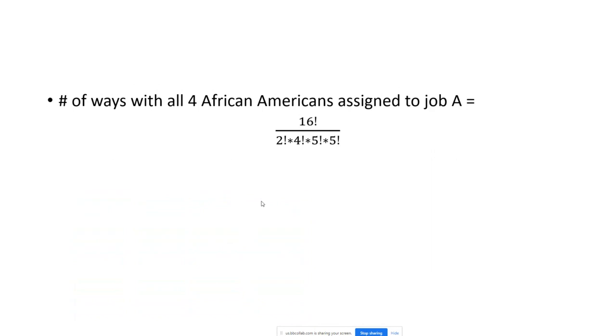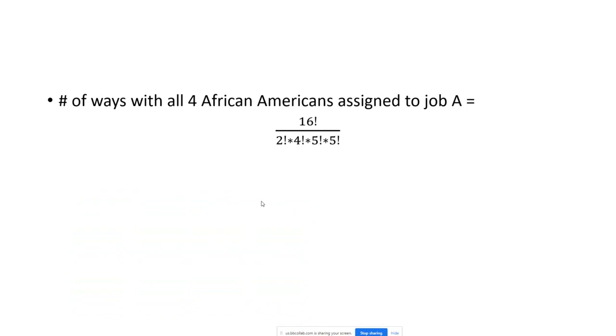The number of ways to assign the jobs so that all 4 of the African American workers get assigned to job A looks like this. So we start out by saying, we're just going to go ahead and achieve the goal that we want to find the probability of.